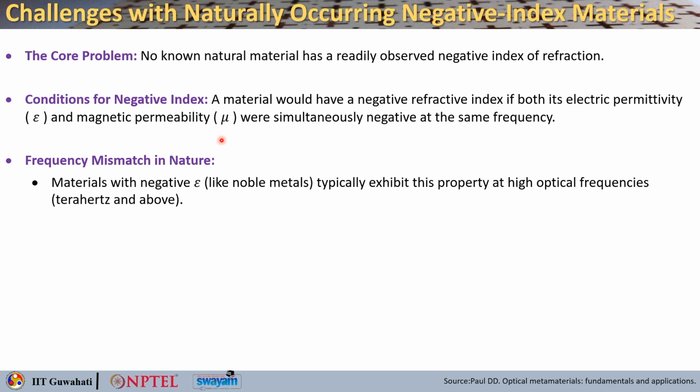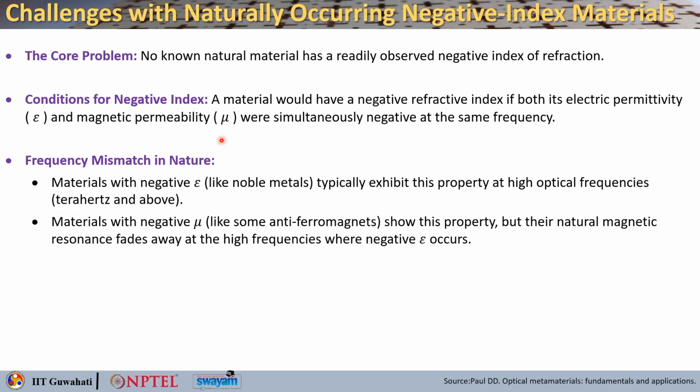Now, this is a problem because in nature there is a frequency mismatch. By that I mean some materials exhibit negative permittivity, like noble metals at high optical frequencies like terahertz and above. However, they do not have negative permeability in that range.